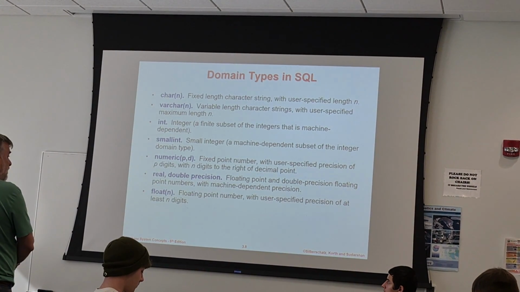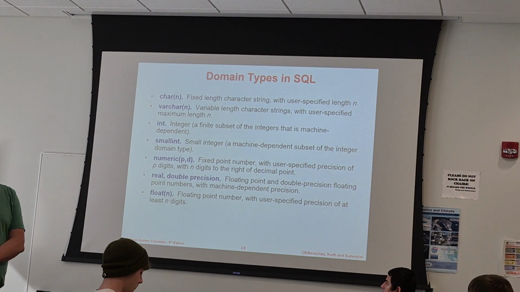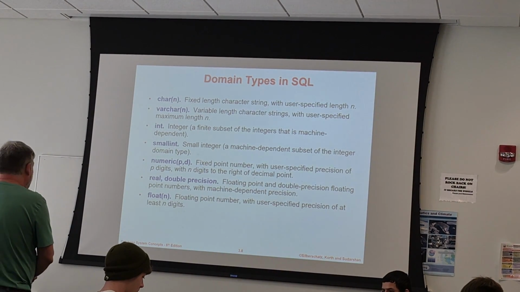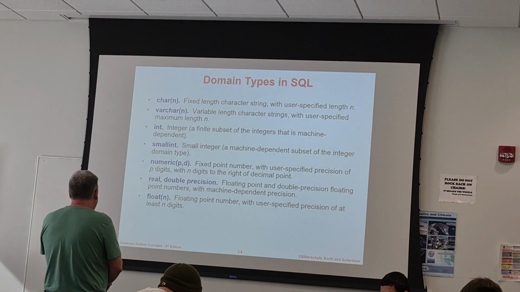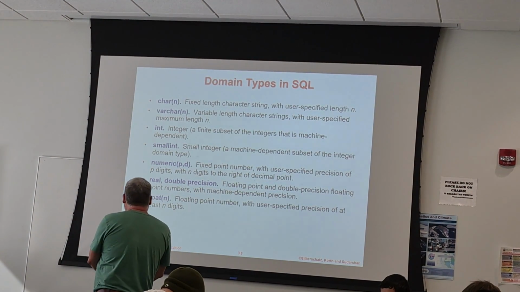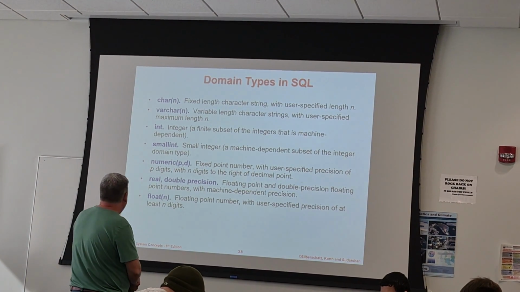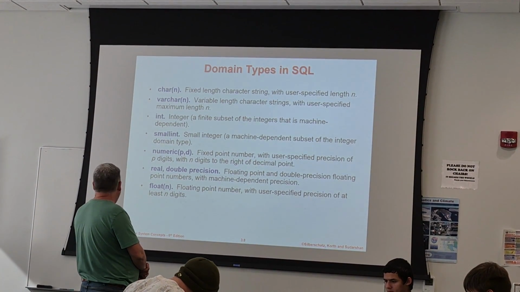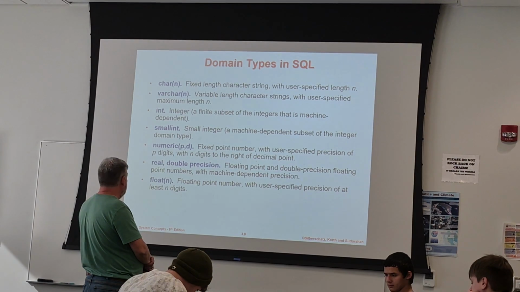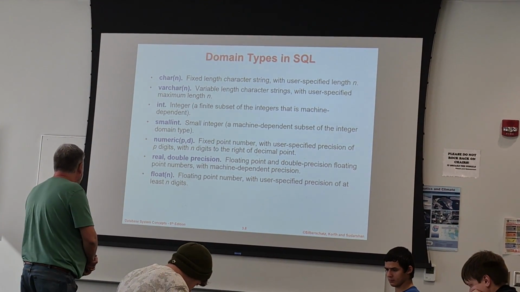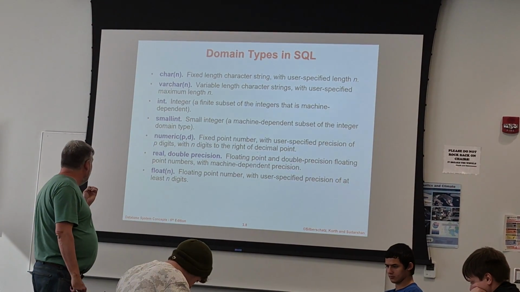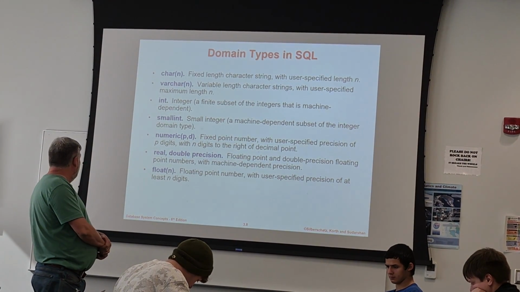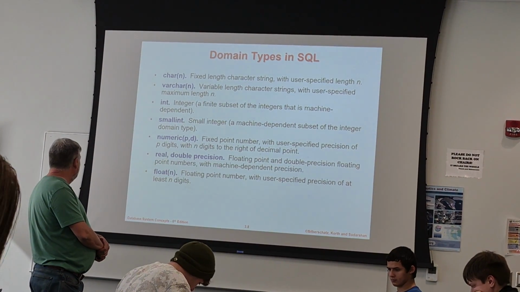Numeric is how we define a floating point field. It's a fixed point number. We know that it's going to have p digits in front of the decimal, and wait a second, user specified precision of p digits. That's a guaranteed precision of p digits after the decimal. And n digits to the right of the decimal.